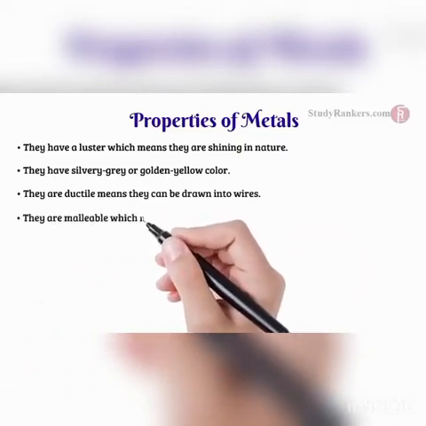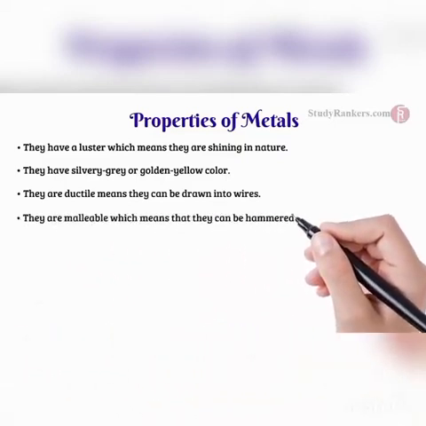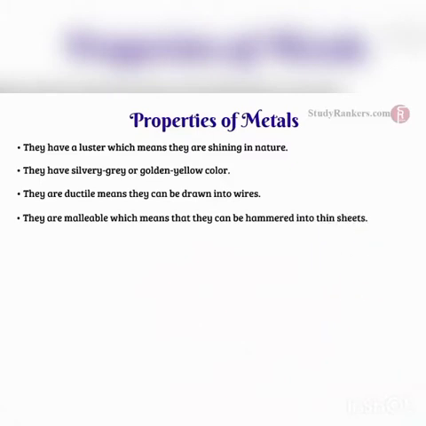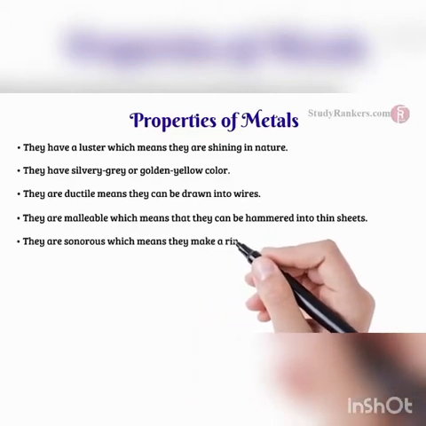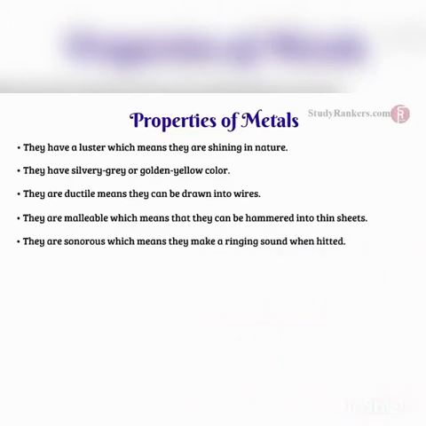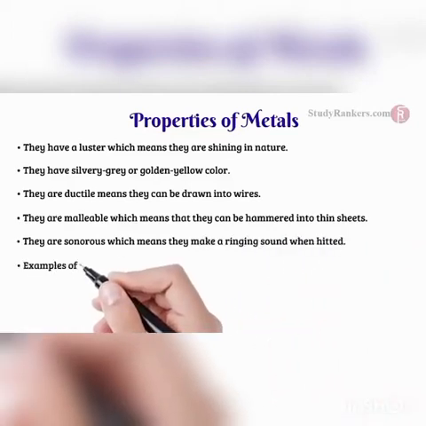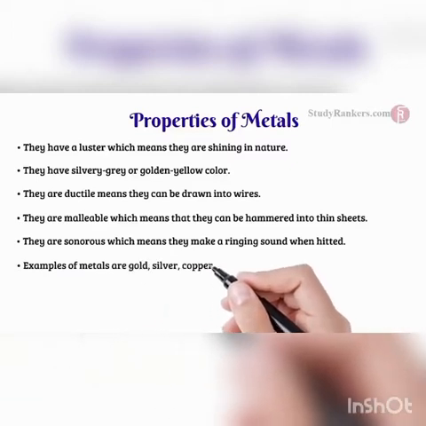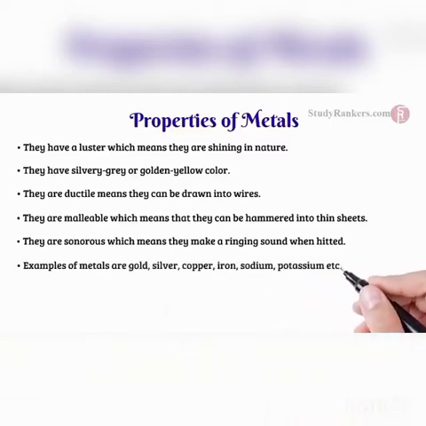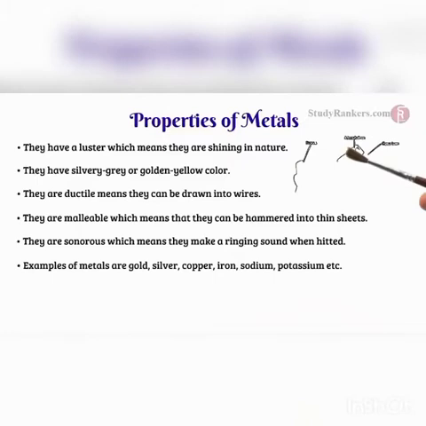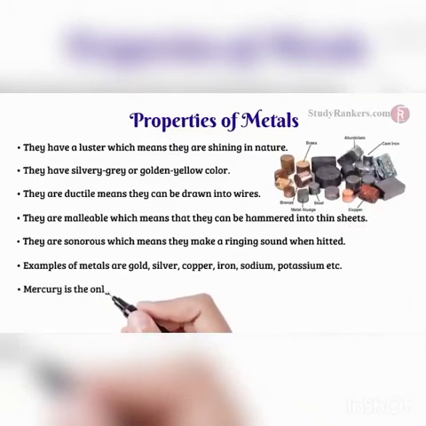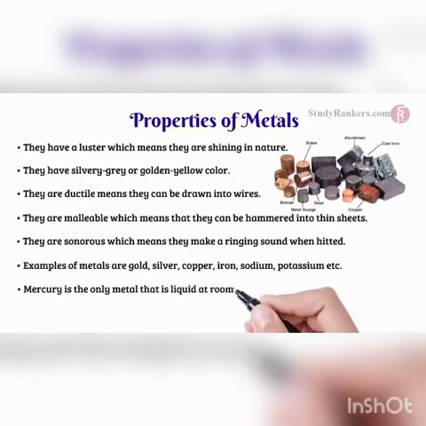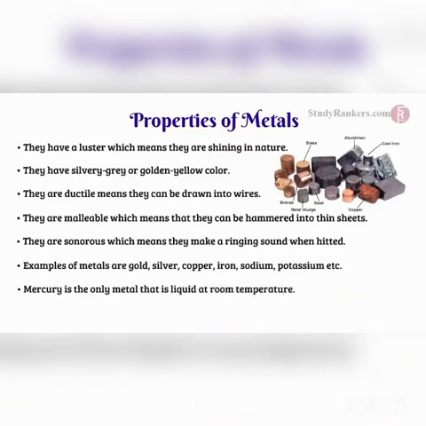They are malleable, which means they can be hammered into thin sheets. They are sonorous, which means they make a ringing sound when struck. Examples of metals are gold, silver, copper, iron, sodium, potassium, etc. Mercury is the only metal that is liquid at room temperature.